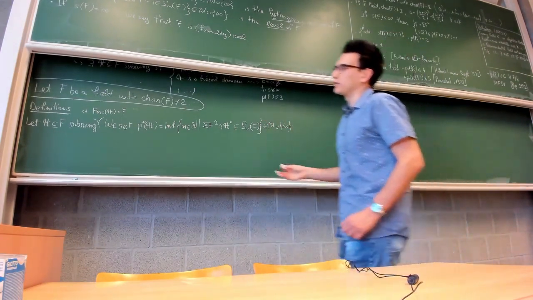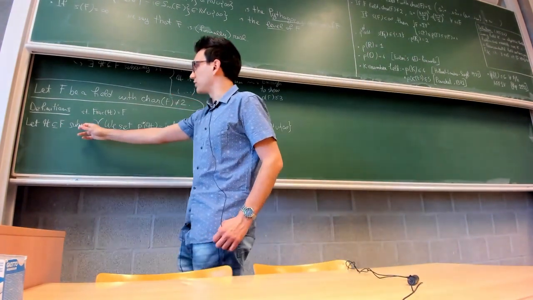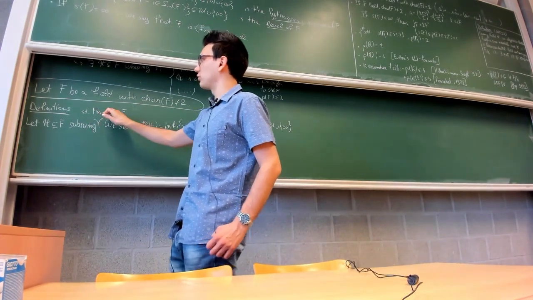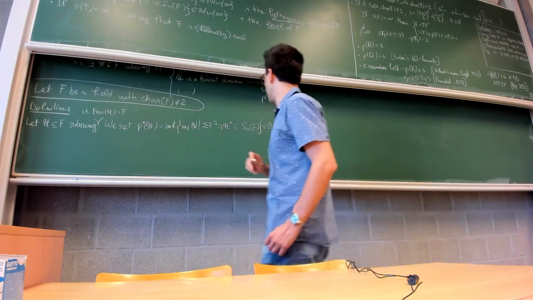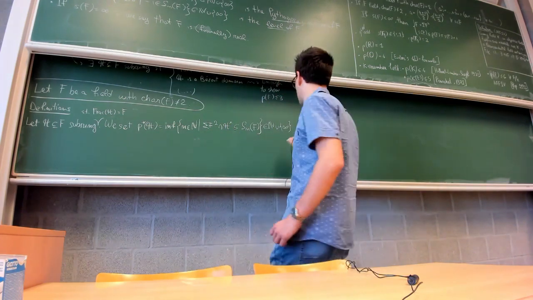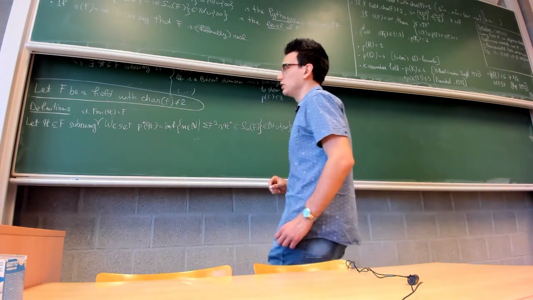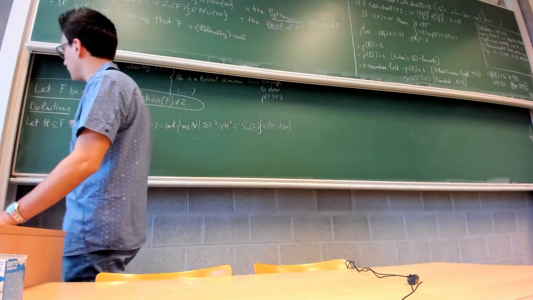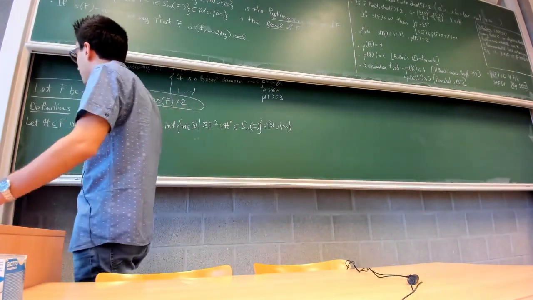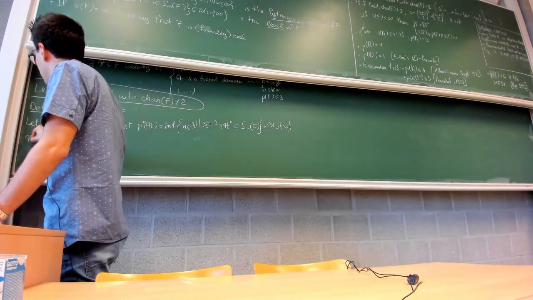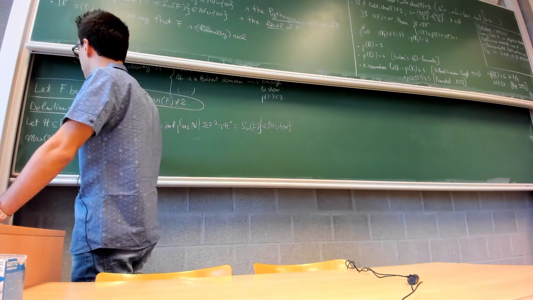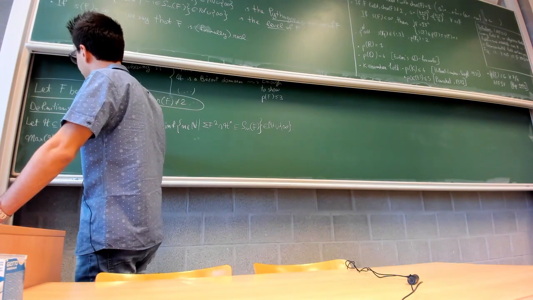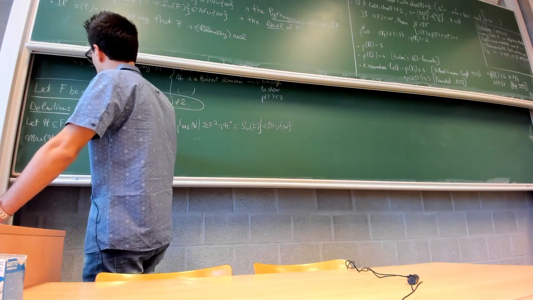So let's just say that for a subring H of F whose fraction field is the whole F, I'm introducing this P star. And for any ring H, I will denote by max H the set of maximal ideals of H.